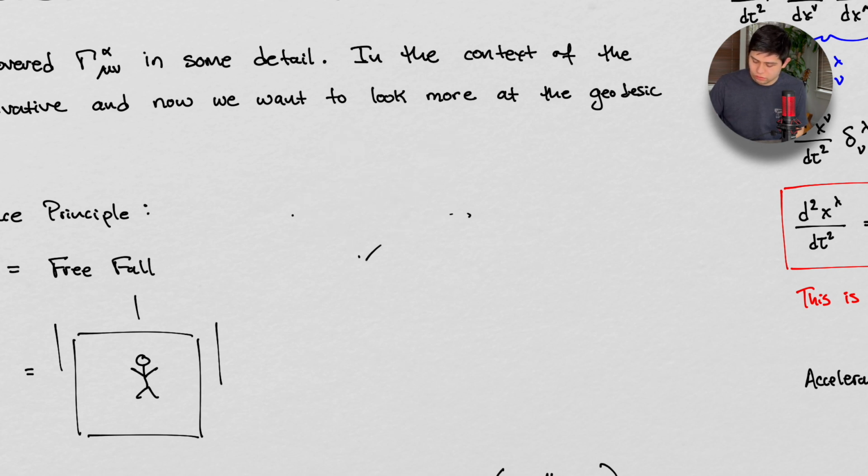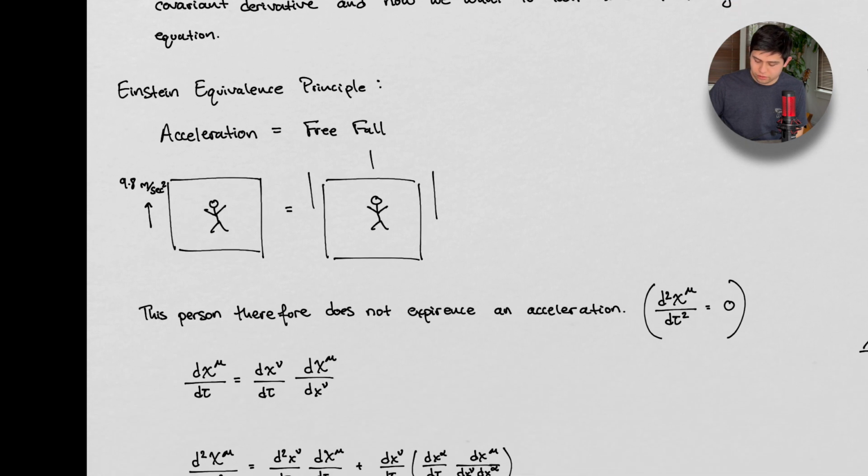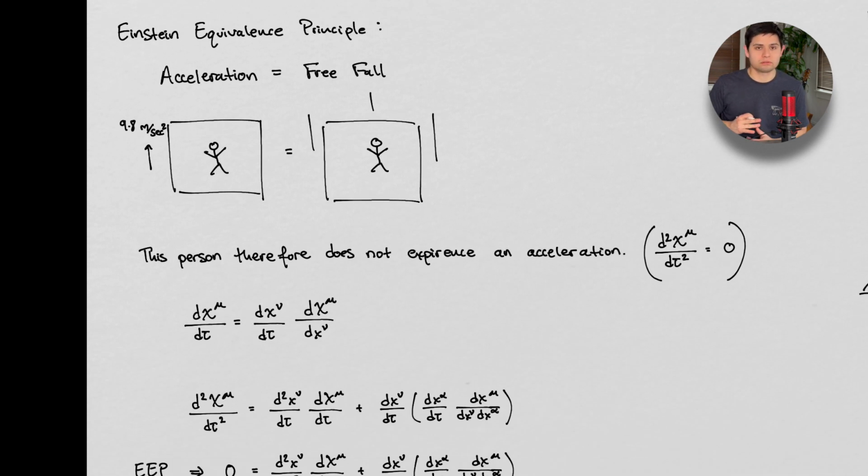And so let's go ahead and start. We're going to start from the Einstein equivalence principle for this derivation. So this is going to be somewhat of an Einstein equivalence principle derivation, and then there's going to be a Lagrangian sort of principle derivation, or an Euler-Lagrange principle derivation.